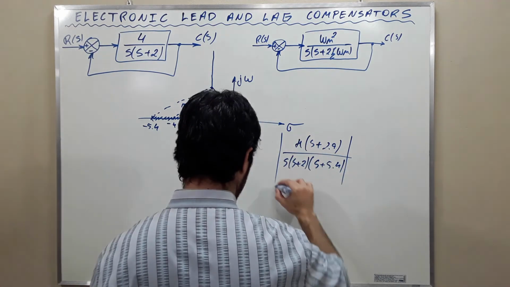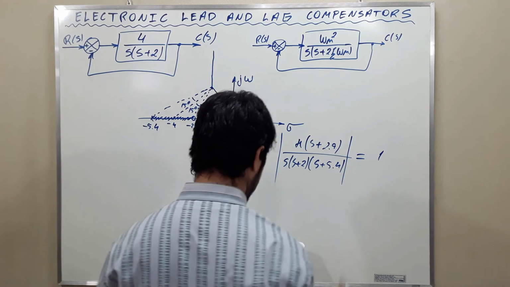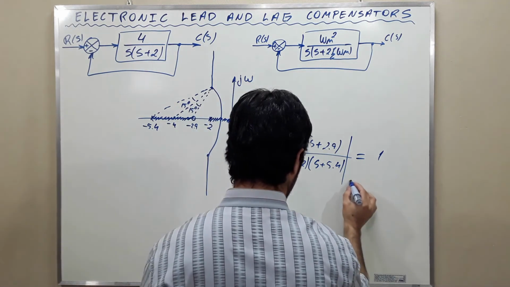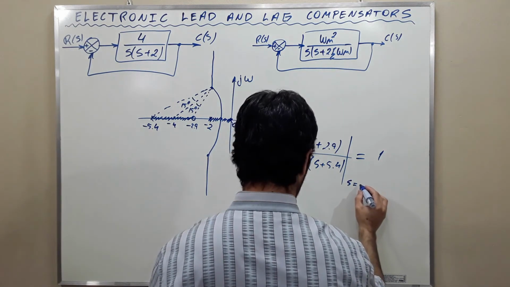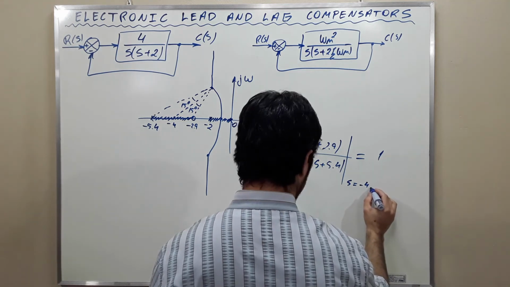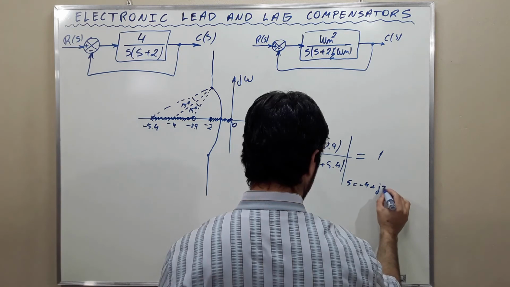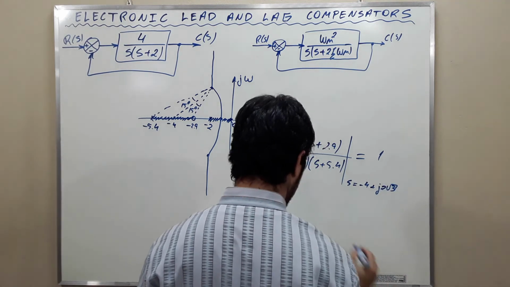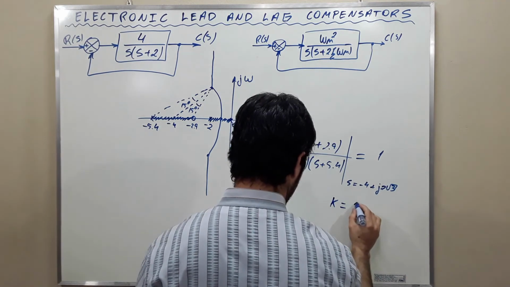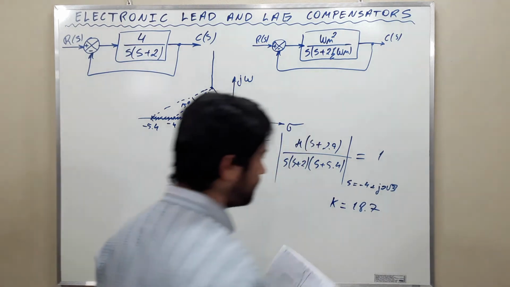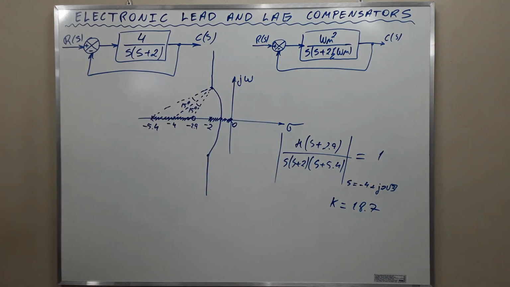The magnitude of this has to be equal to 1 at s equal to -4 + j2√3. Then the gain is equal to 18.7.